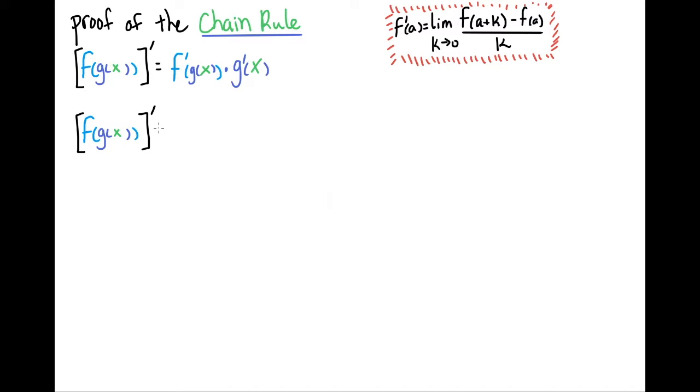So the first principle's definition of the derivative is the derivative of a function is equal to the limit as h goes to 0 of f of g of x plus h minus f of g of x, and that's going to be all over h.